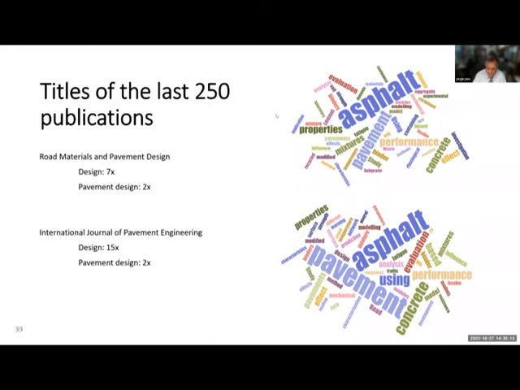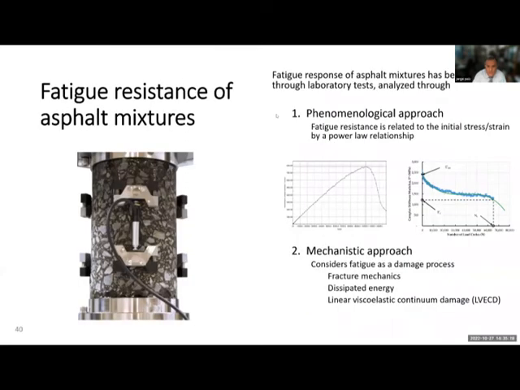It's not easy to define what the future of pavements will be. Or probably we'll have a different approach for fatigue resistance analysis.